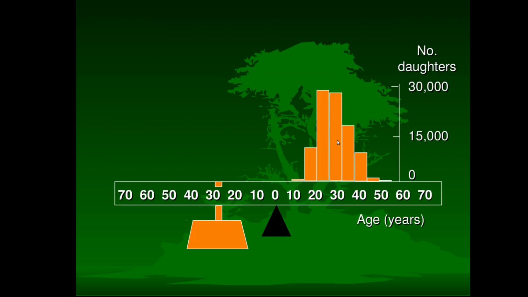And there's a physical interpretation for this. Okay, if you had a ruler representing the age of all individuals in the population, well, the age from 0 to 70 in both directions.